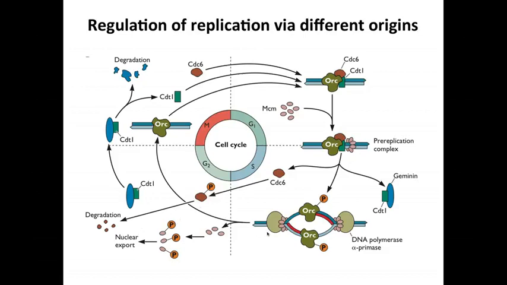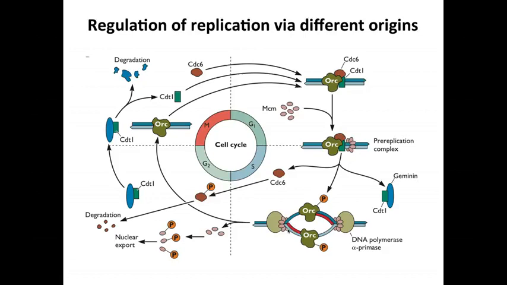So every round of cell cycle, you get one round of viral DNA replication. So you have multiple levels of control of how that works, all tied in to the cell cycle. Really a remarkable way of keeping viral DNA low in a cell. One division per cell cycle.